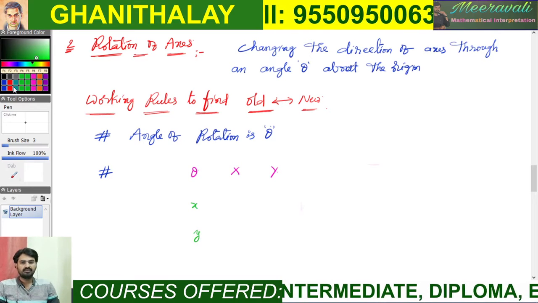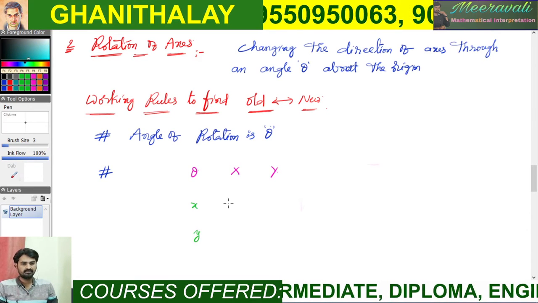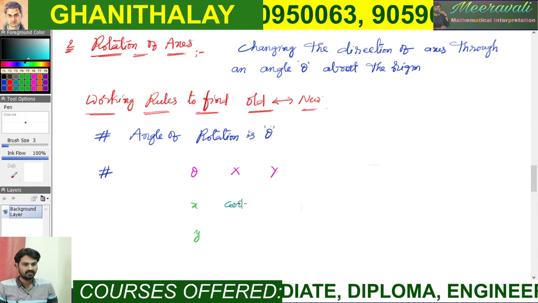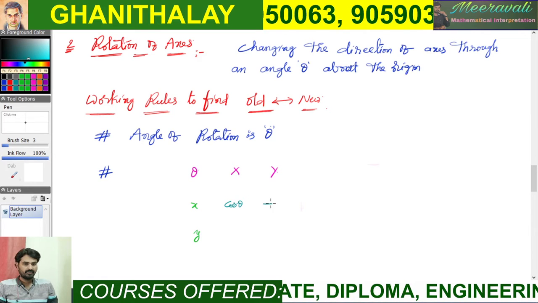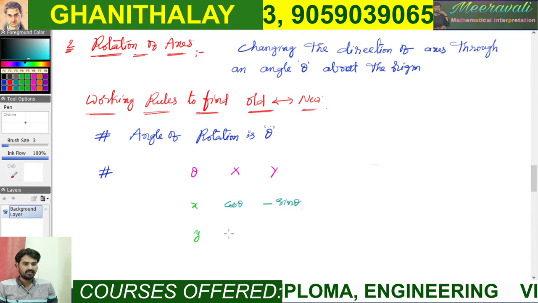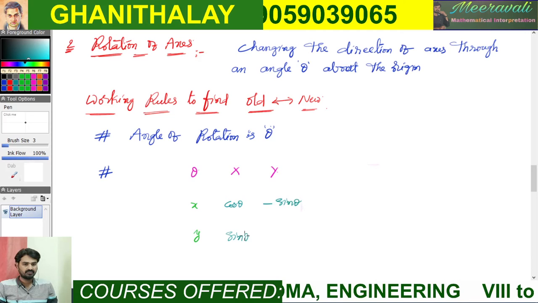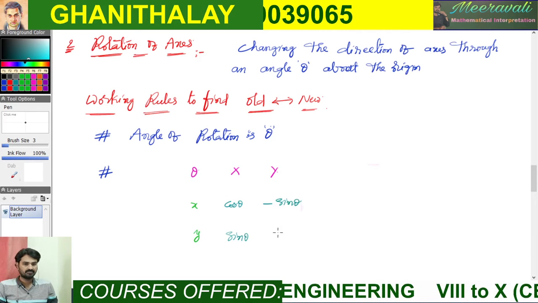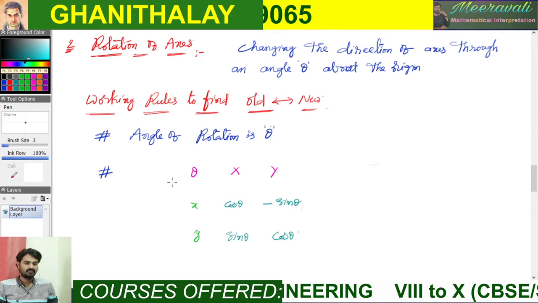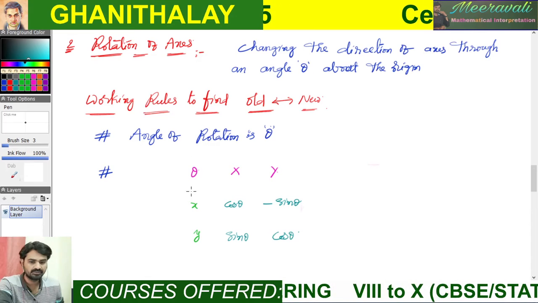Next you have to write cos theta, minus sin theta, next sin theta, cos theta. Okay, this table you should remember.